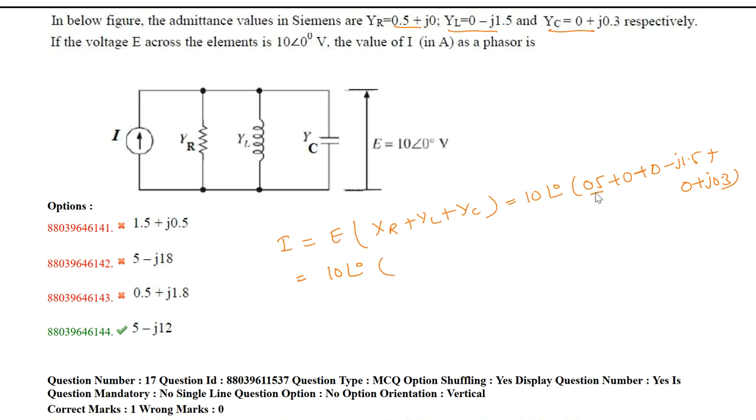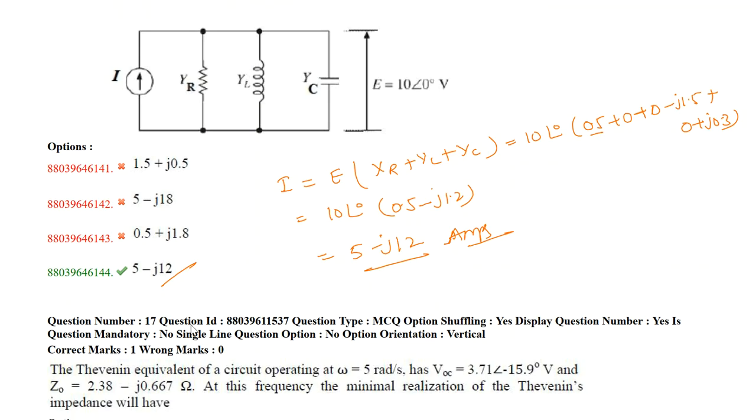So 0.5 here is a positive value, 0.5, minus j1.5 plus j0.3, so we can write minus j1.2. So 10 at angle 0 multiplied with this, we get 5 minus j12 amps. So the answer is 5 minus j12.